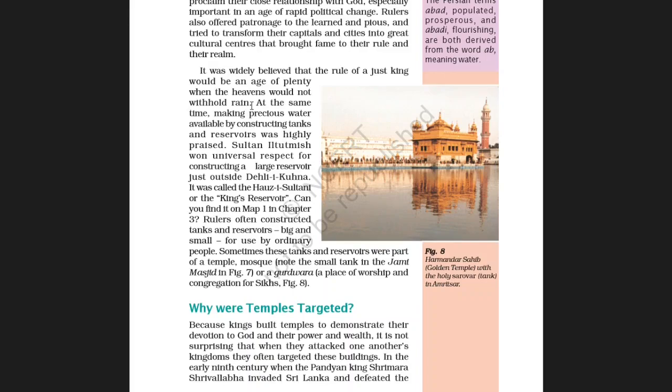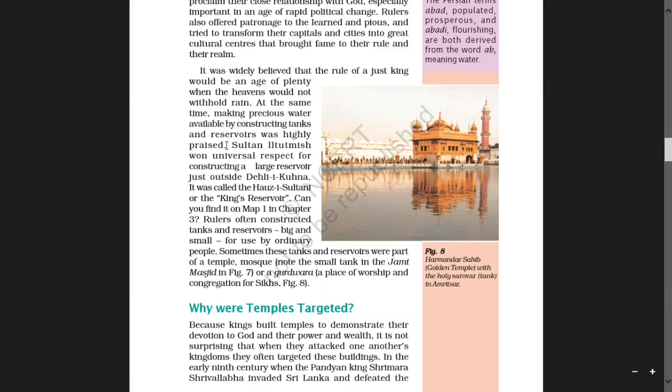At the same time, making precious water available by constructing tanks and reservoirs was highly praised. A reservoir is a large artificial lake used as a source of water supply.